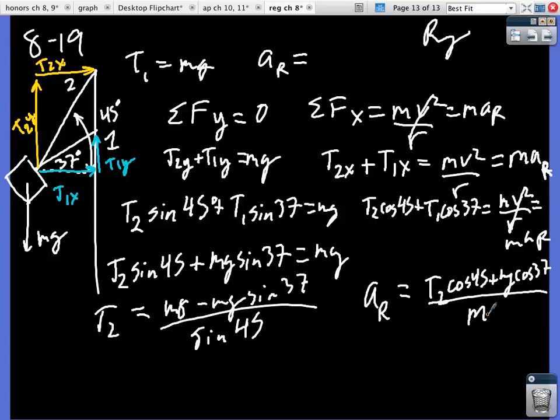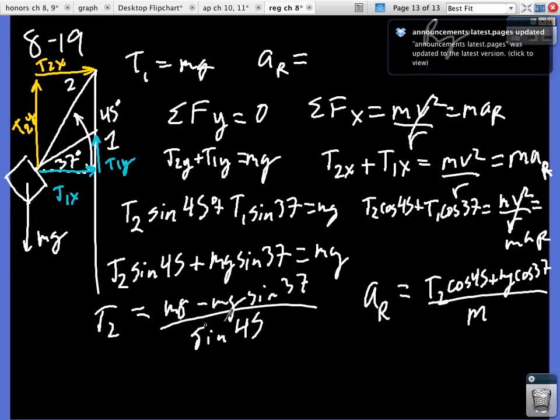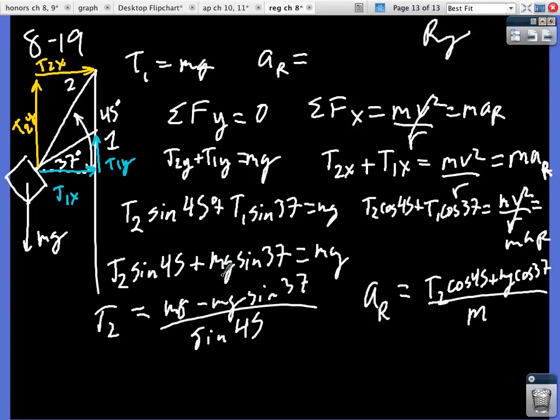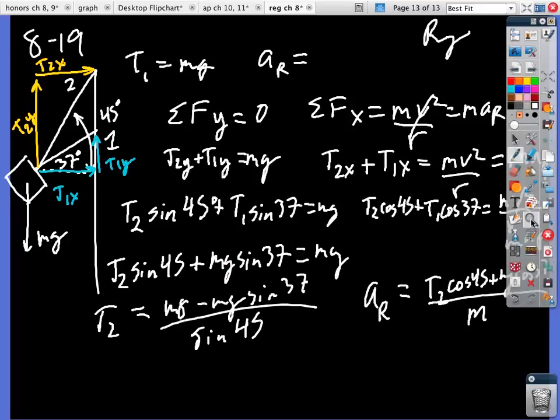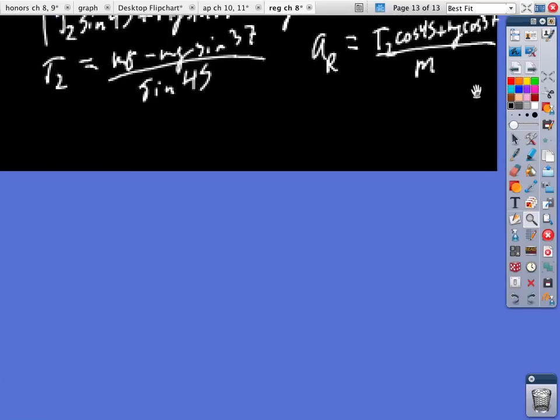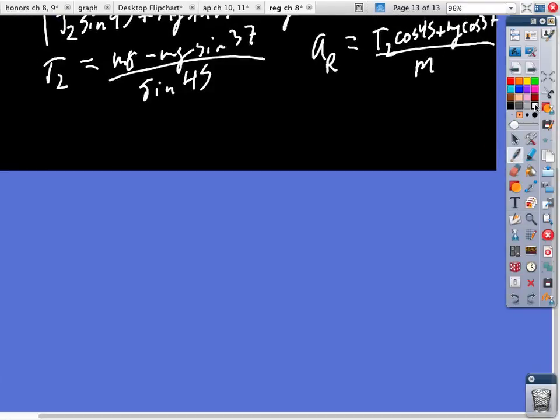Yikes. What a nightmare. But if we look here, this has an mg term, this one has an mg term in it. So if I plug t2 into here, there will be mg terms throughout, and we can cancel out the m's. So this is gonna hurt me worse than it hurts you, but it's some ugly algebra, and I guess we're just stuck with it.